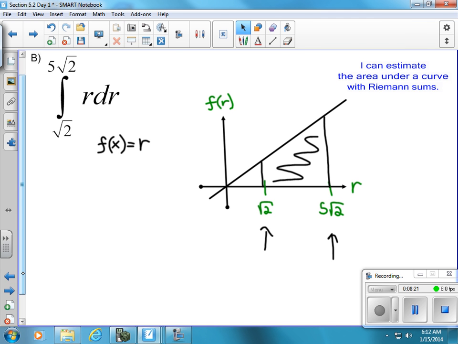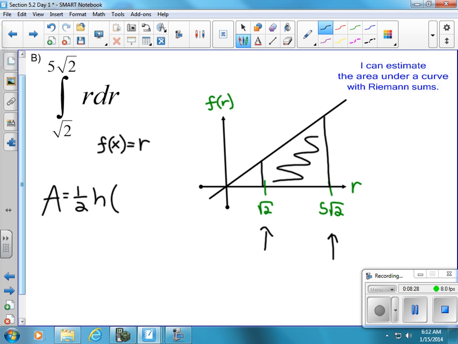Area equals 1/2 h (b1 plus b2). The base is really our height, so the height of this is going to be b1, and the height of this is going to be b2.